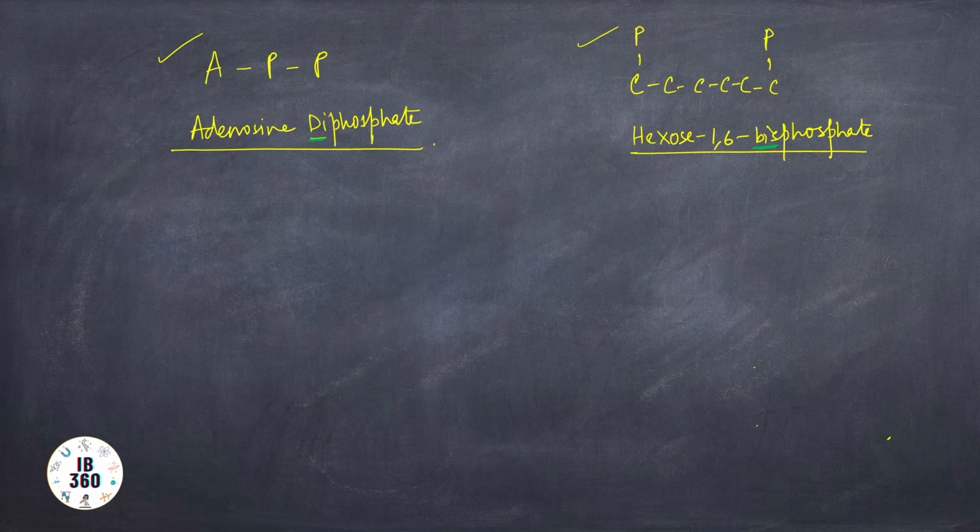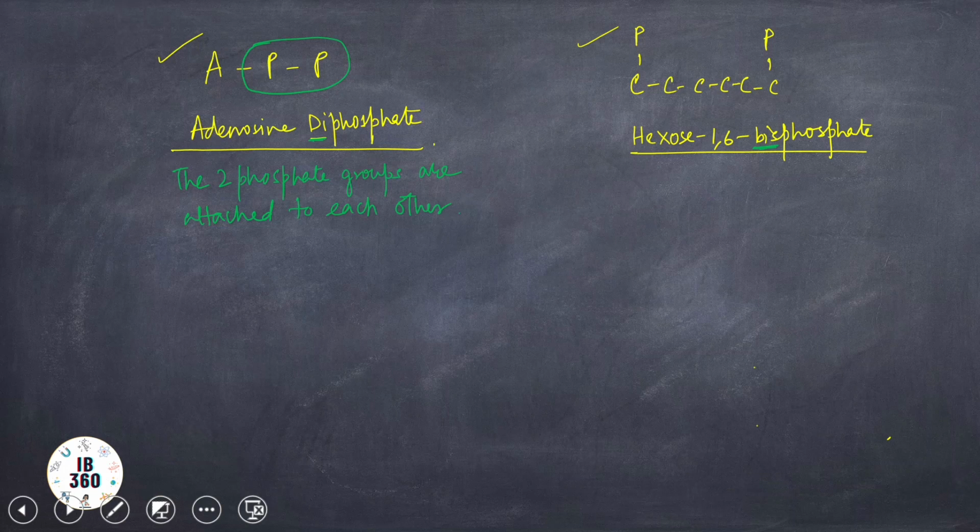Di means the 2 phosphate groups are attached to each other. See here, the 2 phosphate groups are attached to each other. But in this case, bis means the 2 phosphate groups are attached to different parts of the same molecule.